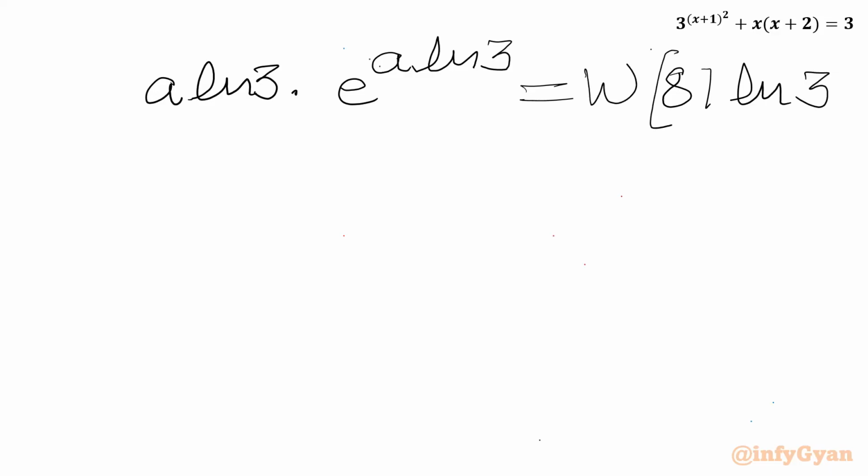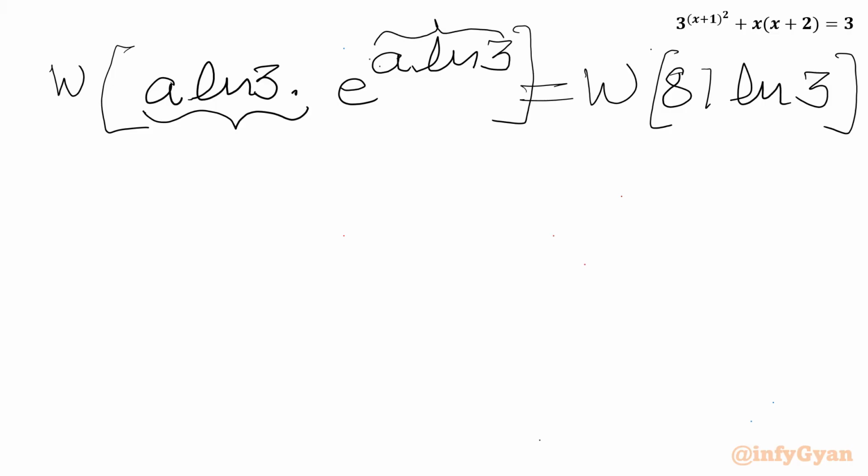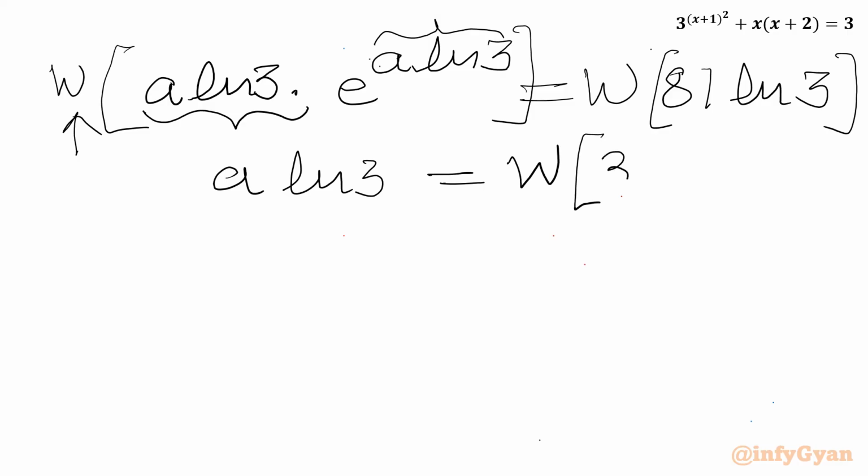Consider the Lambert W function. Now you can see x times e raised to the power x, Lambert W function will give x. So I can write a ln 3. On the right hand side, it is the Lambert W function. Can we write 81 as 3 times 27 times ln 3?